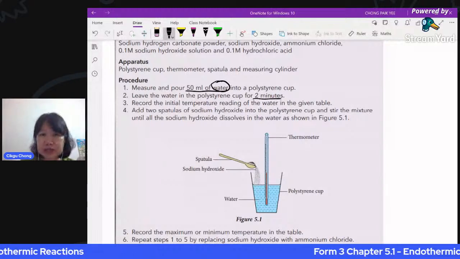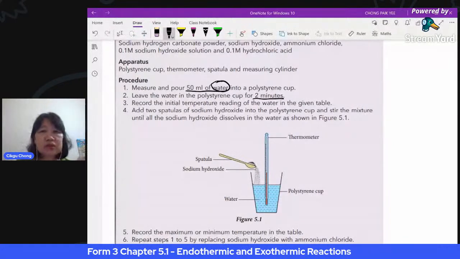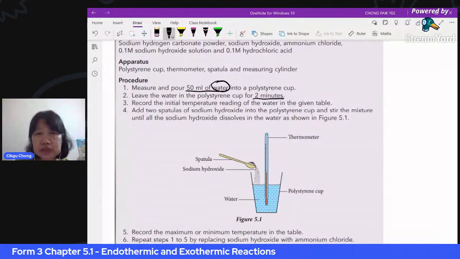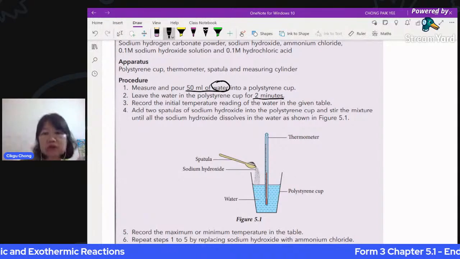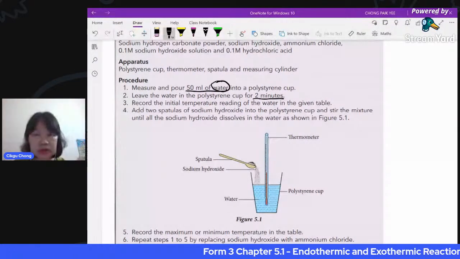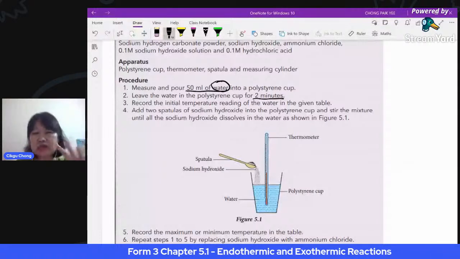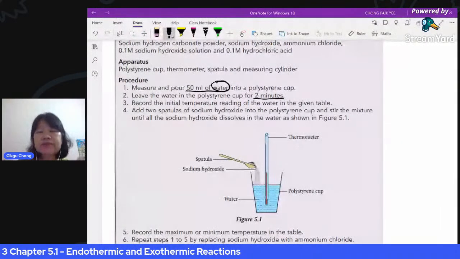Now, why do you need to leave it for 2 minutes? Because you want the temperature to be consistent with your room temperature. It takes time for the temperature to settle down. Okay, maybe this water is stored in a container, so it could be warmer than the temperature in the air. So you must let it settle down first, wait for 2 minutes, and then only you take the temperature.